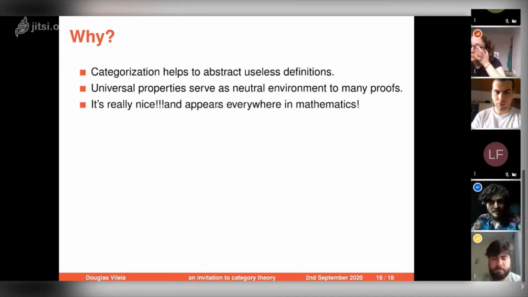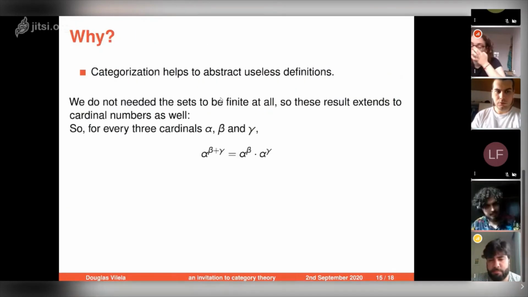Yes. The idea that we used to prove this result was actually just using some kind of property that holds, in this case, for sets.